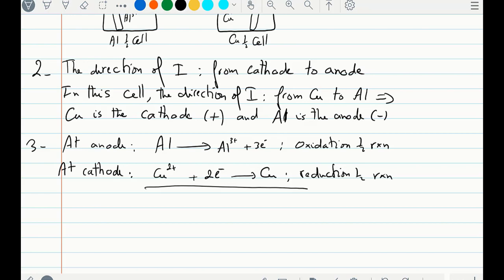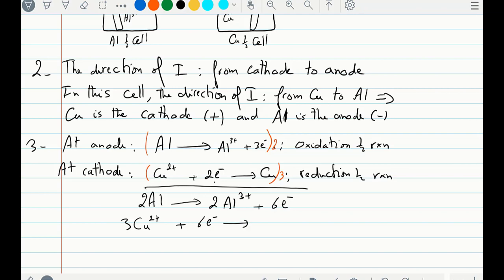Then we should multiply the first half reaction by 2 and the second half reaction by 3 to have the same number of exchanged electrons. Then the first half reaction becomes 2Al gives 2Al3 plus plus 2 times 3 equals 6 electrons. And the second half reaction becomes 3 Cu2 plus plus 3 times 2, 6 electrons, gives 3 Cu.